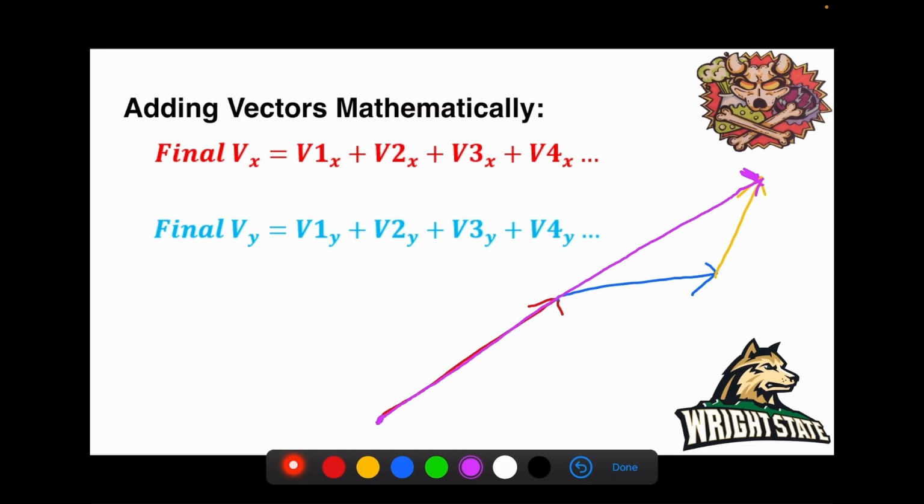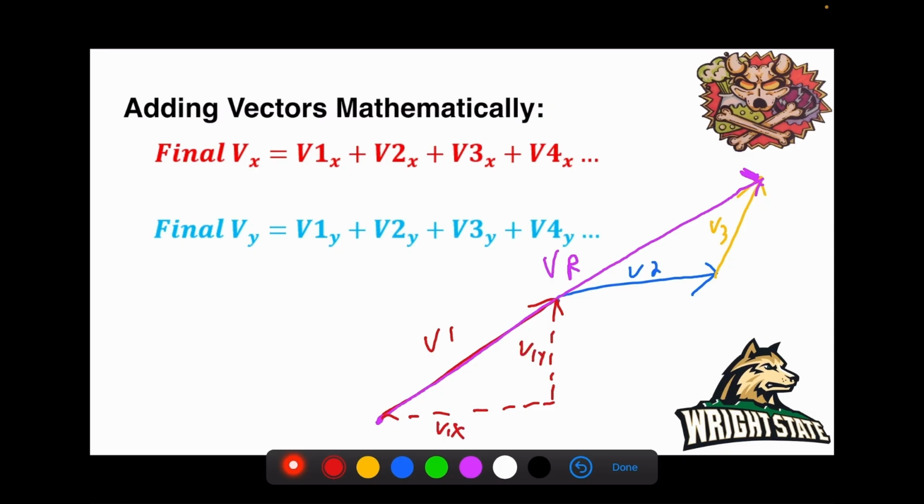But we can do this mathematically too. Check this out. So if my red vector, I'll name this V1 for vector 1, name this one V2 for vector 2, name this one V3 for vector 3, and I'll name this one VR for the resultant vector, just so that we know what I'm talking about. I could describe my red vector here as having this x component, V1x, and this y component, V1y.